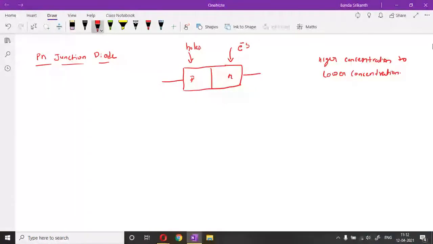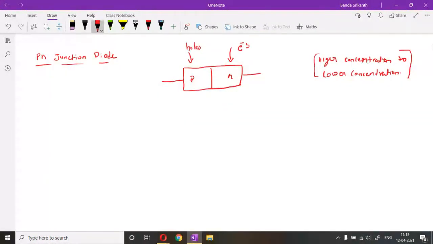Is it not? Any material in the world, nature will travel from higher concentration to lower concentration, isn't it? Suppose you take a water bottle full of water and press it, then what happens? The water will flow from higher pressure to lower pressure, so it will drop.